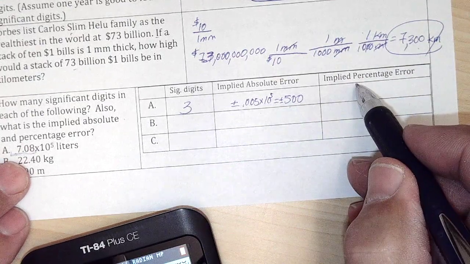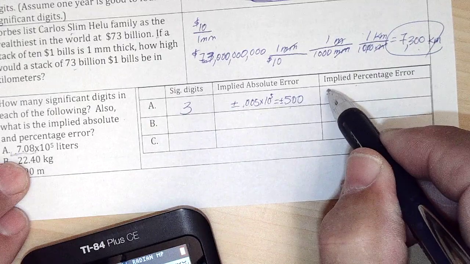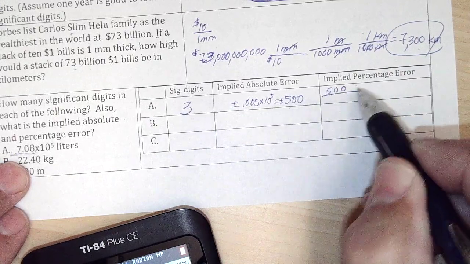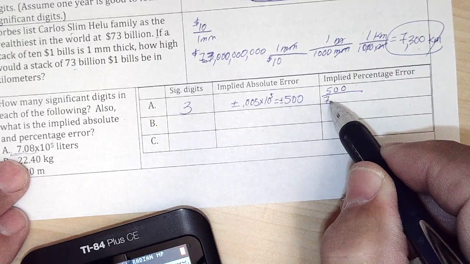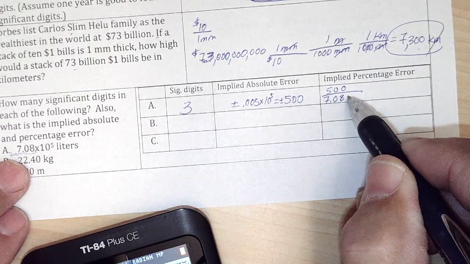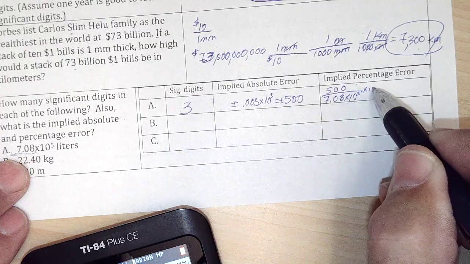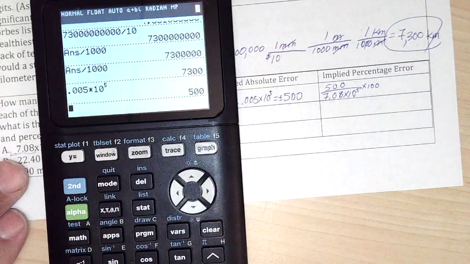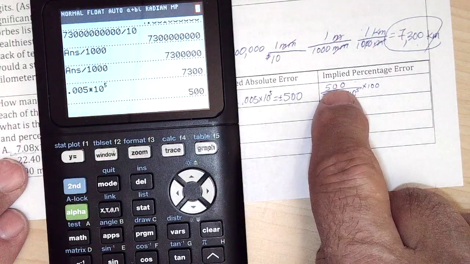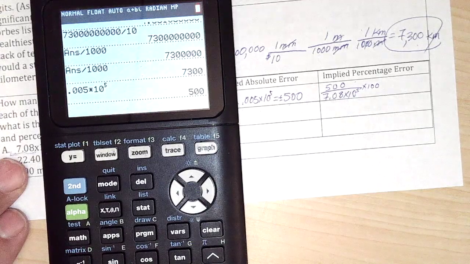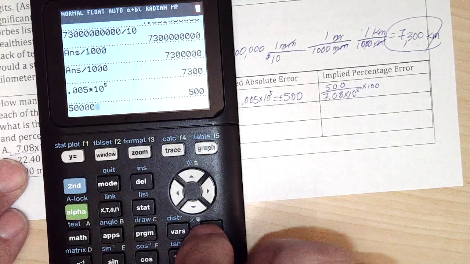and the implied percentage error is going to be 500 over 7.08 times 10 to the 5th, times 100. So 500 times 100 is 50,000. Let's just make sure I do it right here.